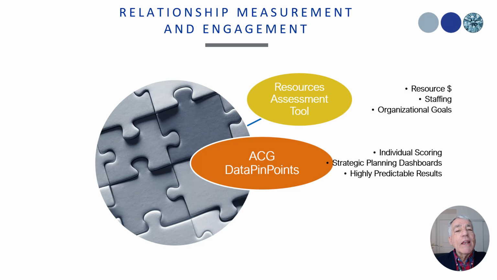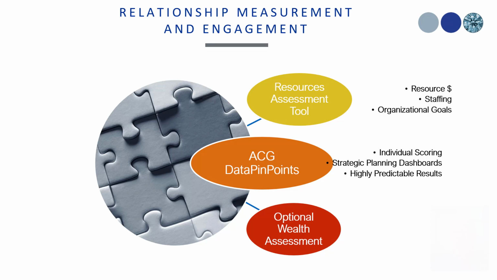So if we get individual scoring, we take it right down to the individual level. We put that in the form of easy-to-use dashboards that you can use strategically with highly predictable results. If we do that, we can add an optional wealth assessment. We can put wealth screening data in there. This is used for finer delineation, not propensity, not is this person more likely than the other, because wealth is not an indicator for that, but it is for the size of the gift.